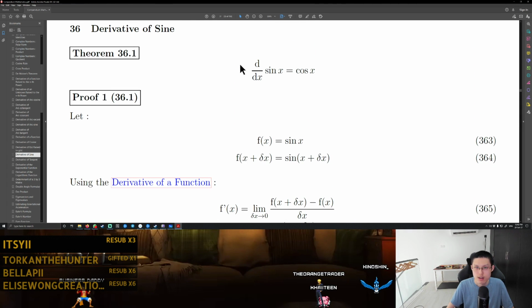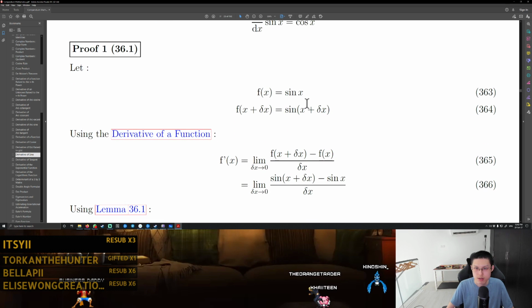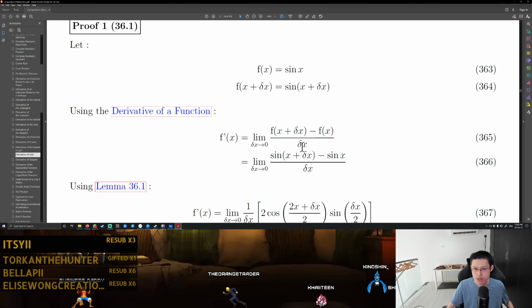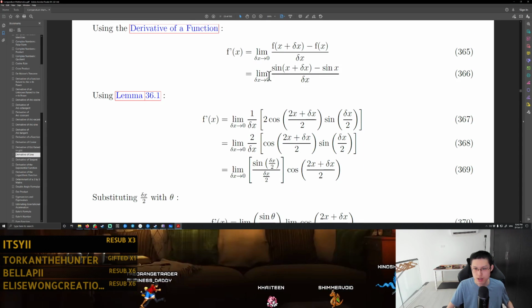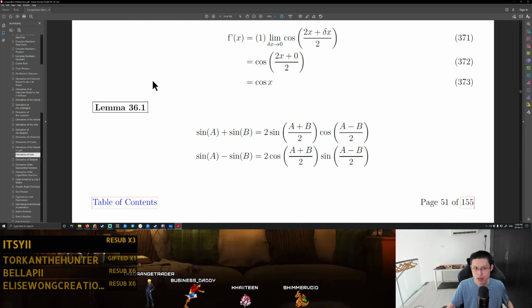You differentiate this to get this, and you start by putting the function in the differentiation from first principles equation, and then you expand it, and you have to use an identity, this specific identity right here. How should I explain this?